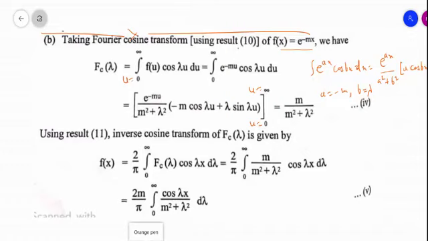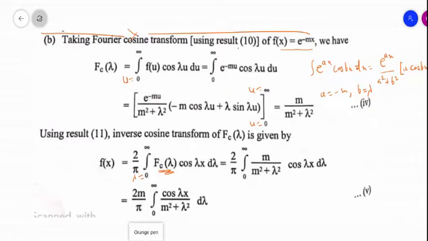After this, by the help of the chart, we can write f of x is equal to 2 upon pi integration from 0 to infinity, the limits of lambda varying from 0 to infinity. So just substitute the value of fc of lambda by using equation 4. So we get this type of integration, and no need to solve this integration.